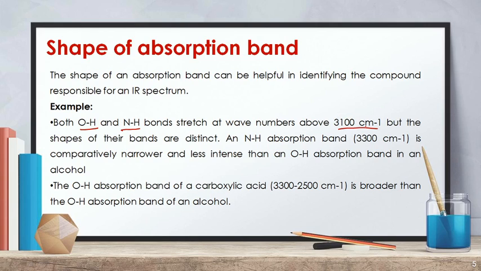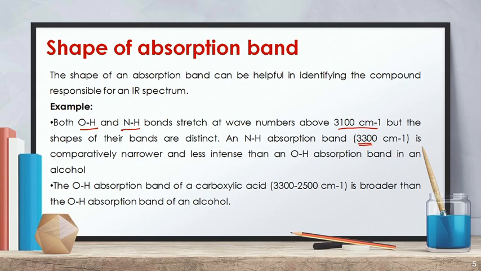It is depending upon the shape of the band, right? So how does the shape of the band differ for OH and NH? Now let us see here. An NH absorption band, which is at 3300 centimeter inverse, is comparatively narrower and less intense than the OH absorption band, right?